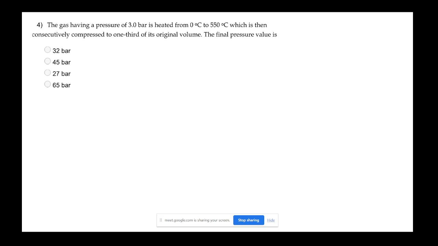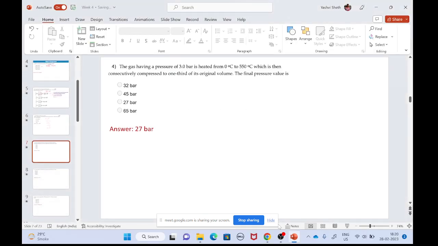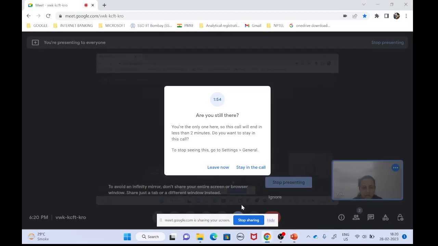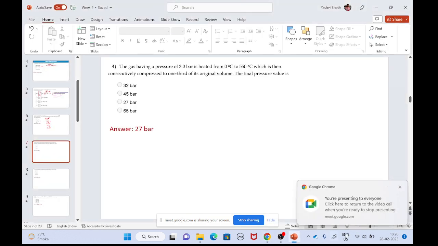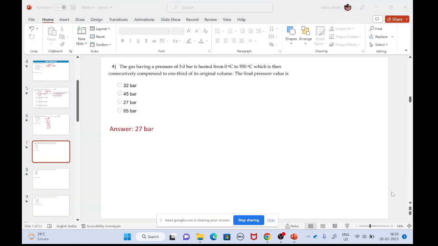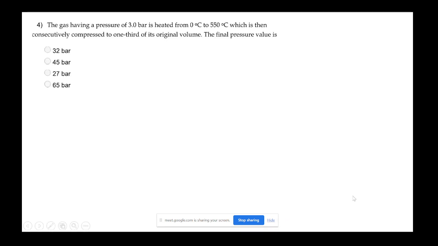Now the next question is, the gas having a pressure of 3 bar. So pressure here is 3 bar, temperature T1 is 0 degrees Celsius.